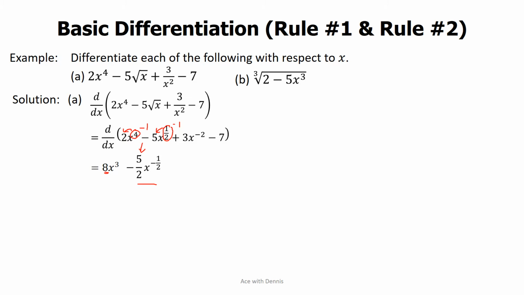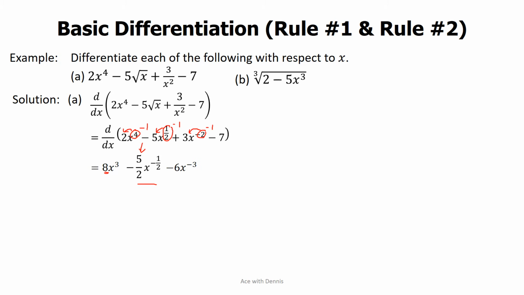Now, can you try to do the third term? 3x to the power of negative 2. Okay, so again, bring down the power. 3 times negative 2, I get negative 6. Then power minus 1, so I will get negative 3. So then it becomes negative 6x to the power of negative 3. Next one is a constant, minus 7.